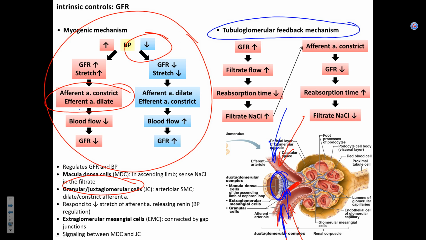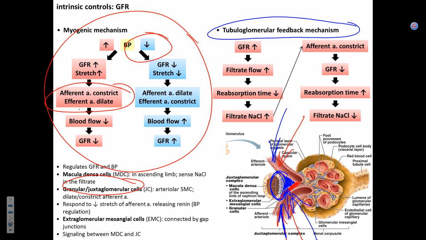Do you see what I'm saying? And then mesangial cells here, I kind of colored the mesangial cells. They provide a communication between macula-densa cells and granular cells. Okay, so macula-densa cells sense sodium chloride. Granular cells regulate the diameter of arterioles.